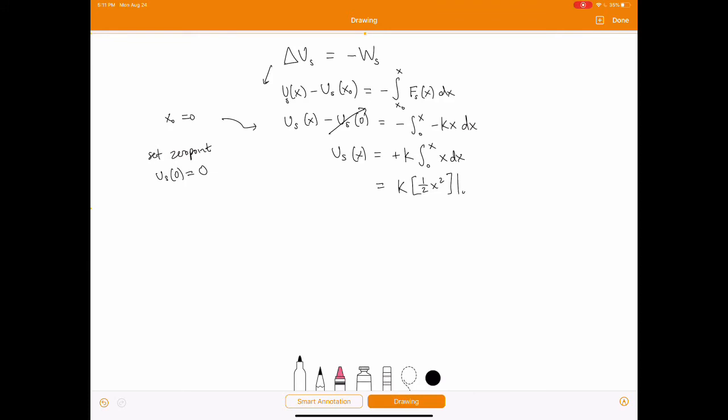And my limits are 0 to x. Plug in those limits. I have k. The top limit, well, it's just x, so 1/2 x squared. But the bottom limit is 0. And when you plug in that, you get 0. So therefore, my spring potential energy is 1/2 kx squared. That's how that works.